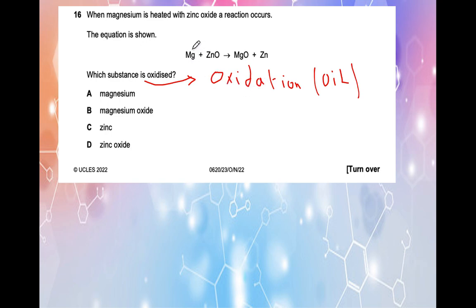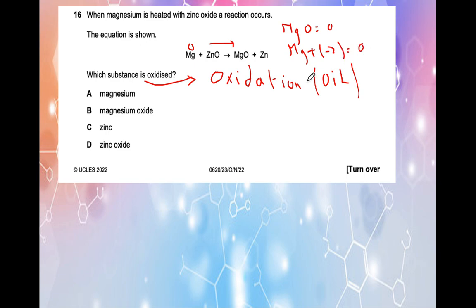Magnesium here is 0. The oxidation number is 0. It becomes magnesium oxide. How do we know the oxidation number of magnesium in magnesium oxide? We must make an equation. Magnesium oxide equals 0. So magnesium we don't know, plus we know the oxygen, -2, equals 0.